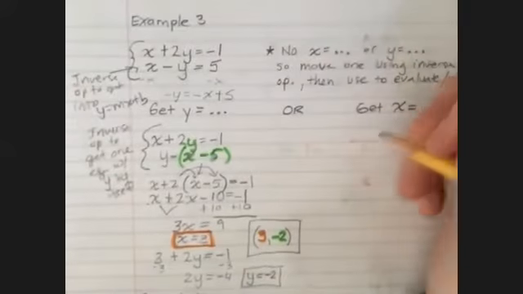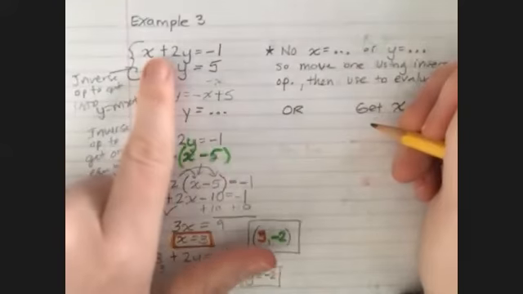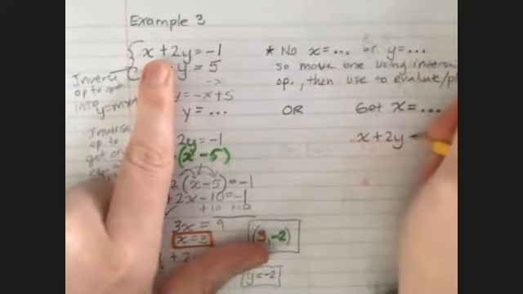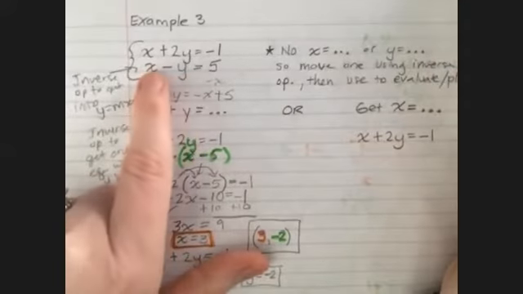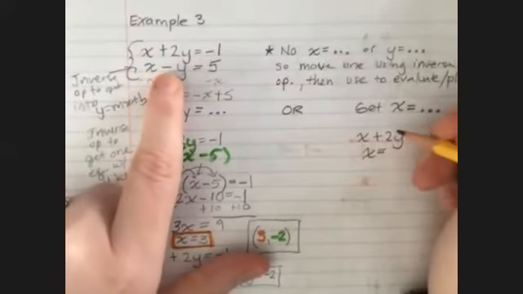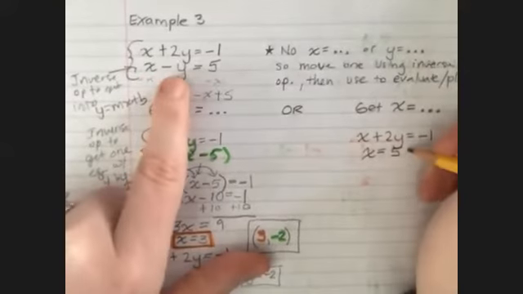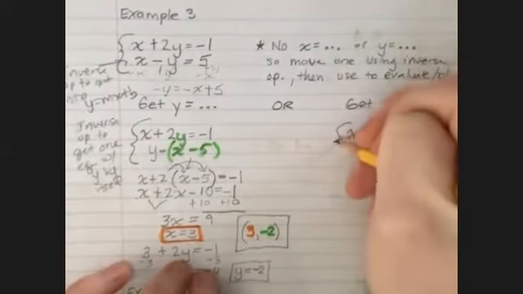So for example, if I were to this time go ahead and take this top one again, and instead of getting y by itself, I want to get x by itself, all I would have to do is make it x equals 5 plus y when you inverse op. So I just had to do plus y plus y. It's a lot faster. Now I'm ready to go.